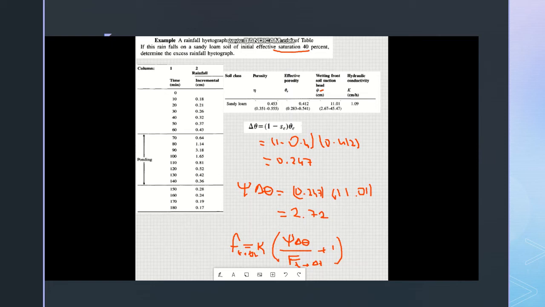After this point, let's go to our Excel and write everything down. So in order to find our time level, and then if we have rainfall incremental, how we are going to define all the parameters and then find the excess rainfall hydrograph.